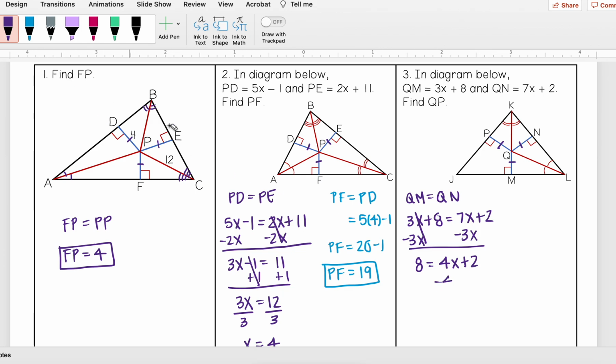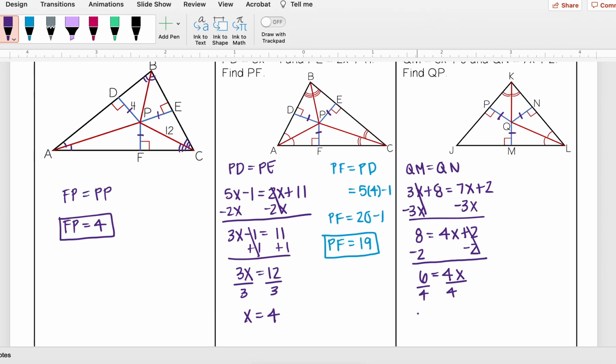And then subtract 2 from both sides. And I get that 6 is equal to 4x. And then divide both sides by 4. And I get that 1.5 is equal to x.